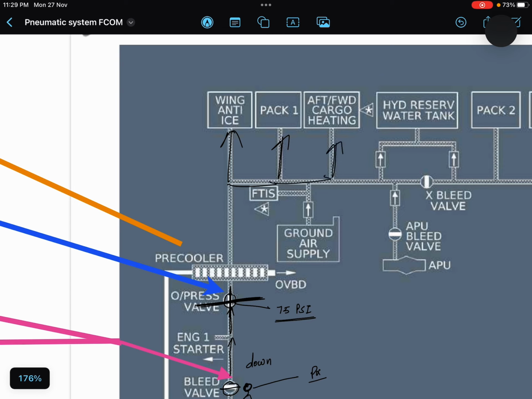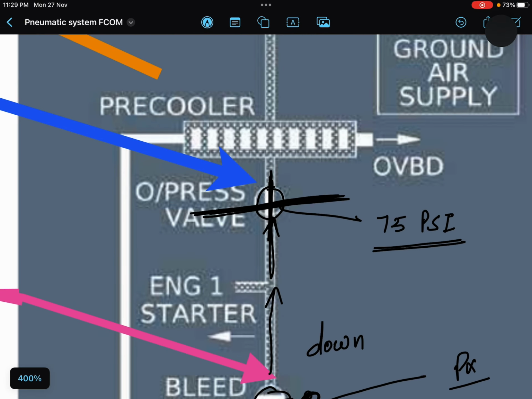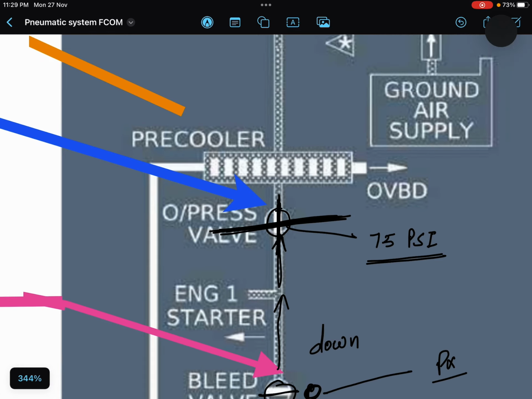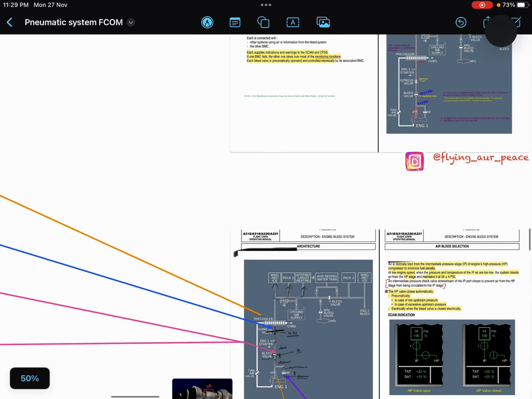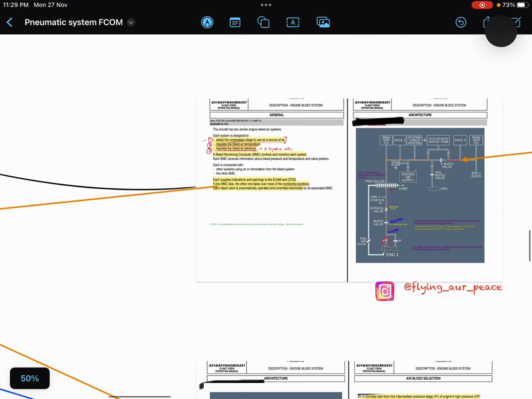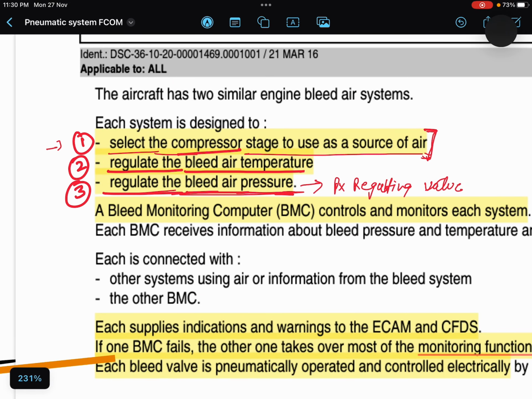It will not destroy anything. This overpressure valve will close. Perfect. It makes sense. Now downstream you will find a pre-cooler. Now the third and very important point of this engine bleed system is that it can regulate the bleed air temperature.